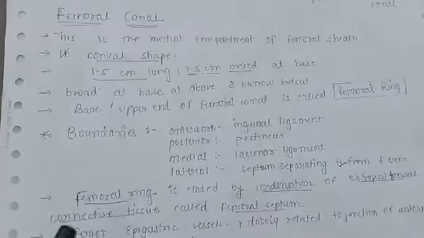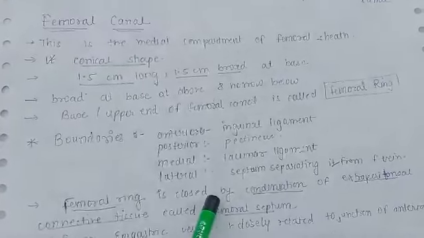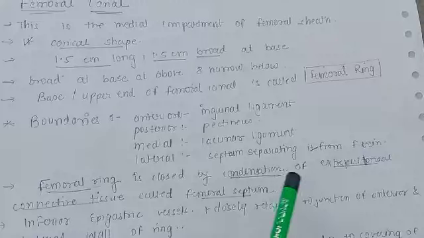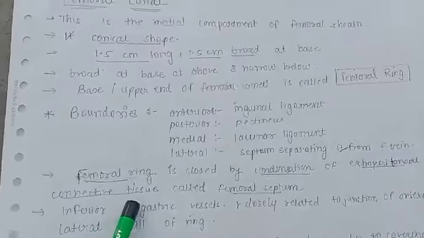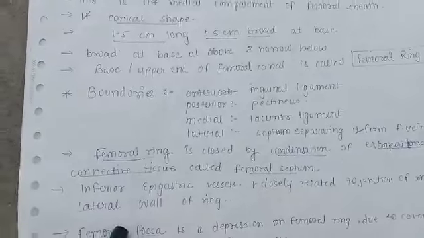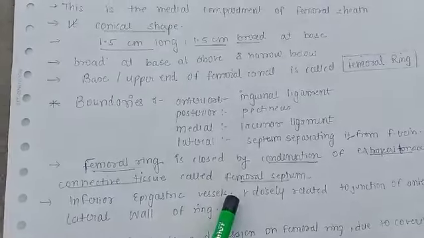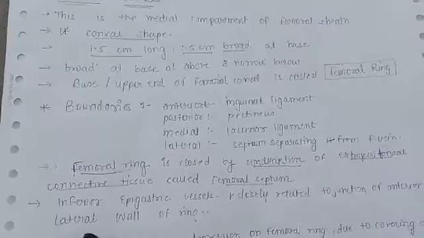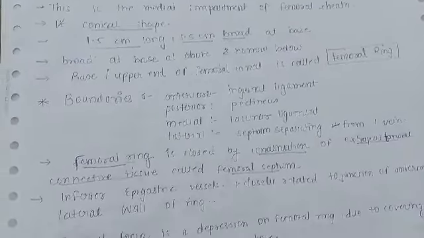Then comes the femoral ring, which is closed by the condensation of the extraperitoneal connective tissue called the femoral septum. Then there are the inferior epigastric vessels, which are closely related to the junction of the anterior and the lateral walls of the ring.